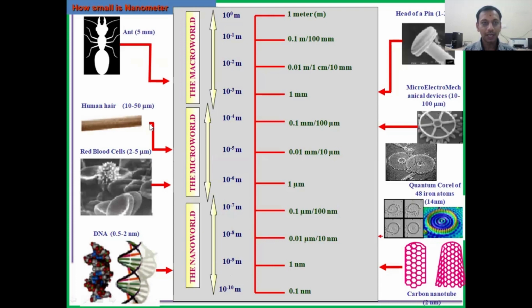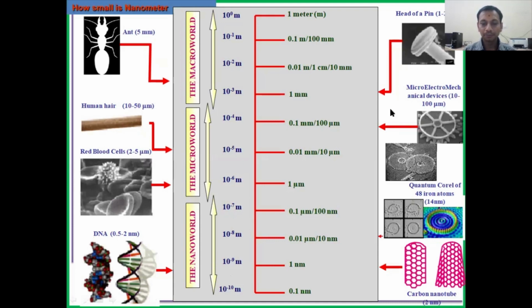On the left hand side, you can see examples from ant, 5 millimeter, human hair, as I mentioned before, red blood cell 2 to 5 micrometer, and then DNA chain 0.5 to 2 nanometer size. On the right hand side, head of the pin 1 to 2 mm.